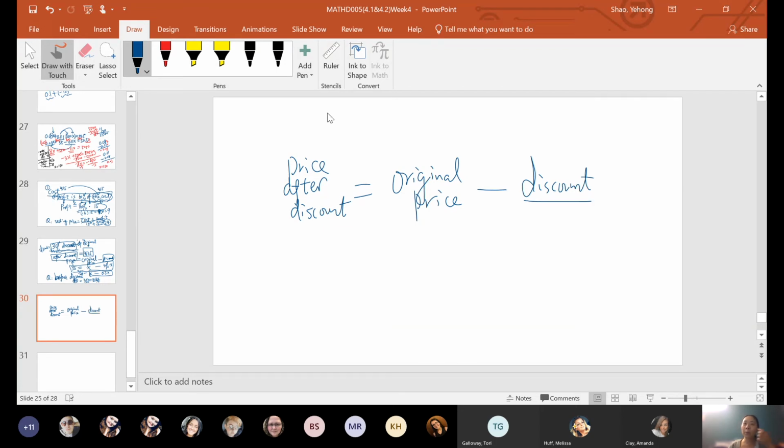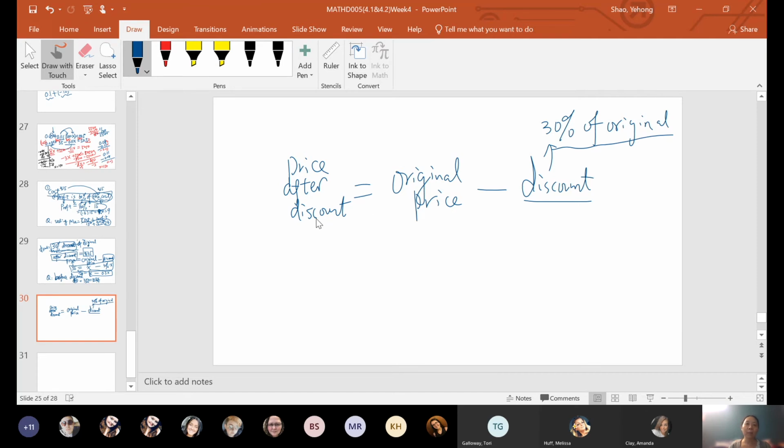But where do we get the discount? Discount is 30% of original. So when you walk into the store, they say 30% off, which means 30% of original price. Okay, so that's how you get your discount.